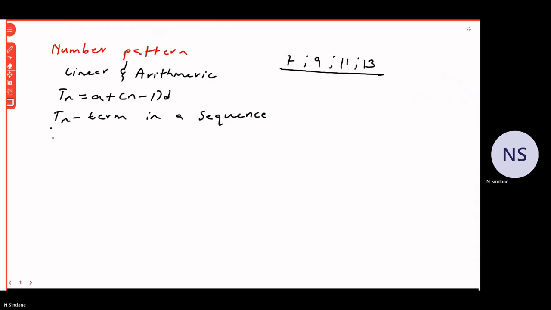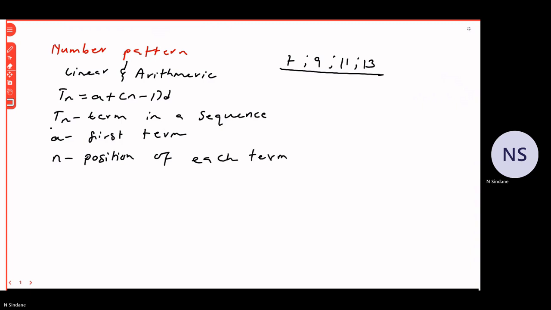In this case, our a is 7. 7 is our first term, right? And then we have n, which represents the position of each term. That is our n.